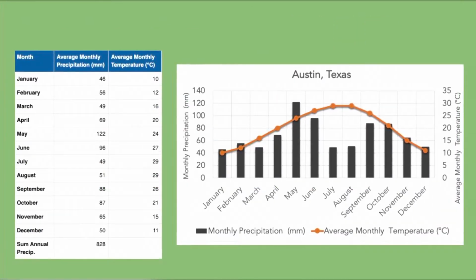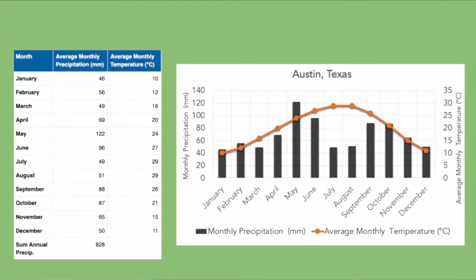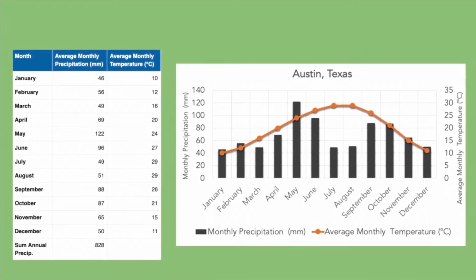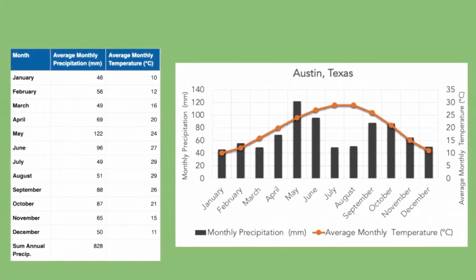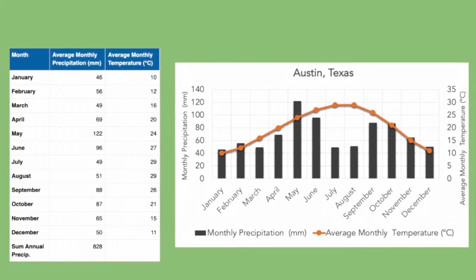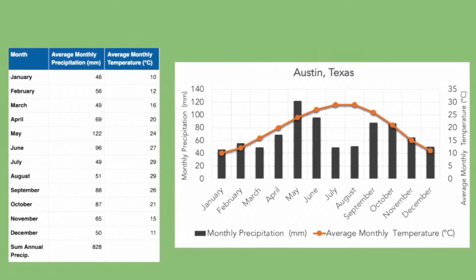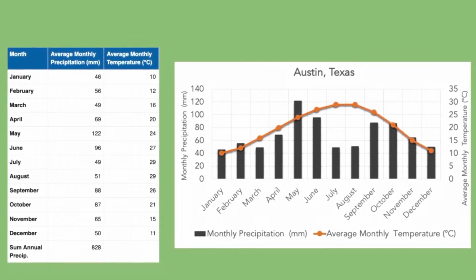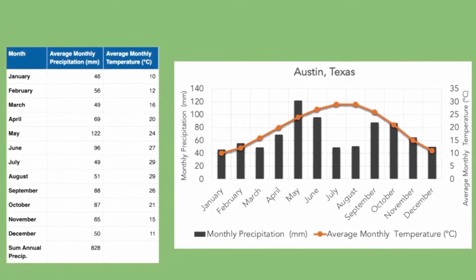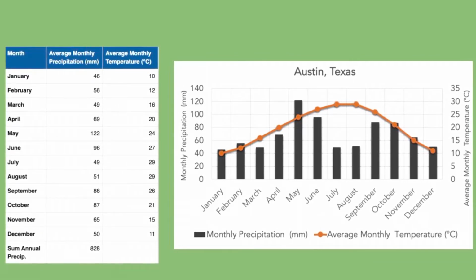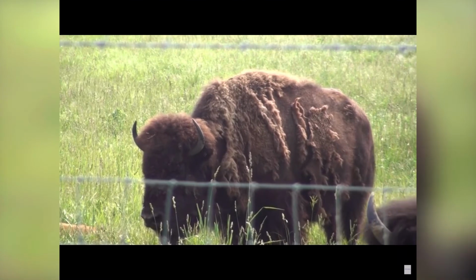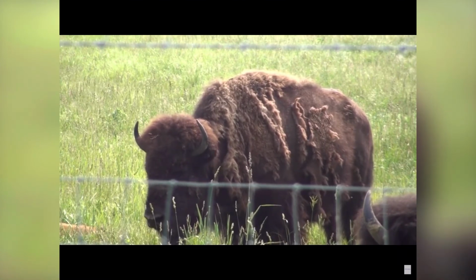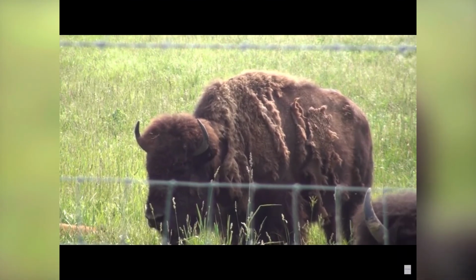Now, it can get quite chilly in a temperate grassland, but this data shows otherwise. Because Austin, Texas is one of the most southernmost points in a temperate grassland biome in North America, this data is quite skewed in a comparison of averages throughout North America. Now, because of the cold winters and the really hot summers, the bison have developed a winter coat.